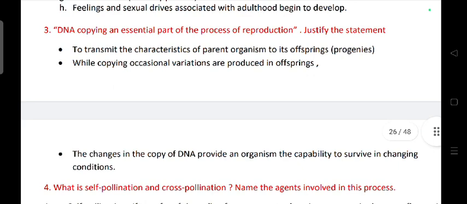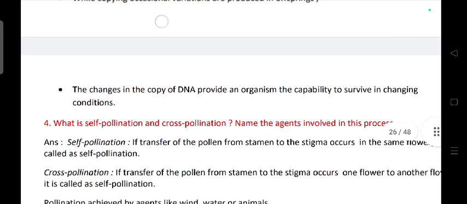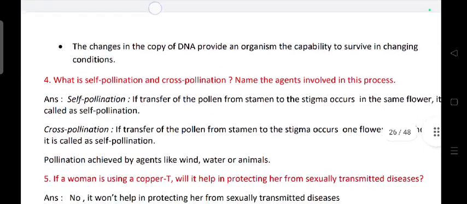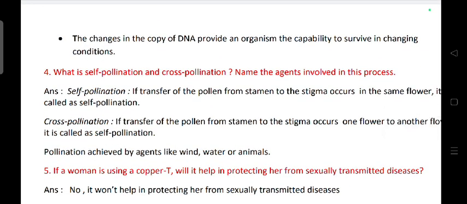Next question. DNA copying is an essential part of the process of reproduction. Justify the statement. To transmit the characteristics of parent organisms to offspring, while copying, occasional variations are also produced in offspring. The changes in the copy of DNA provide an organism the capability to survive in changing conditions.